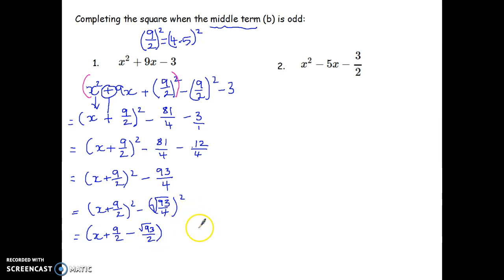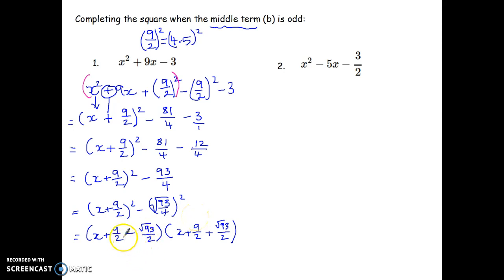So instead of writing it as root 4, let's write it as 2. You'll be able to see why I do that in just a sec. So I've got this one minus this, and now I've got this one plus root 93 on 2.